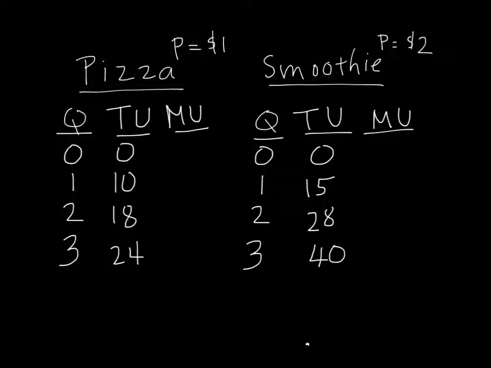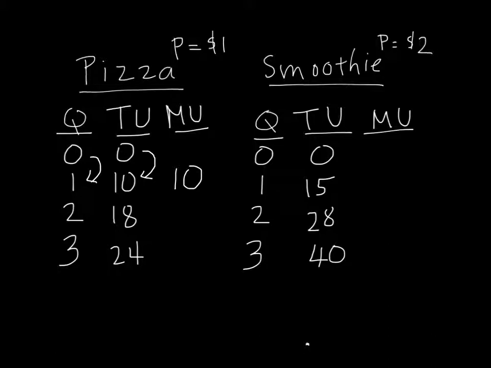So for the first slice of pizza, we go from having nothing to having 1, and we go from having 0 utility to having 10 total utility. Therefore, our marginal utility of the first slice is 10, and we sometimes call these utils, units of utility.